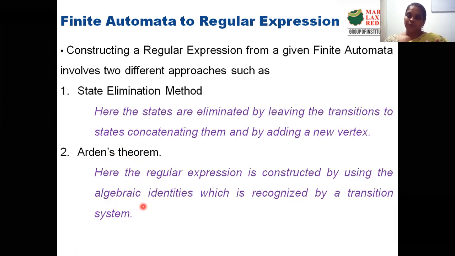The regular expression constructed using Arden's theorem along with the identities is used to recognize the transition system. So let us discuss these methods one by one.